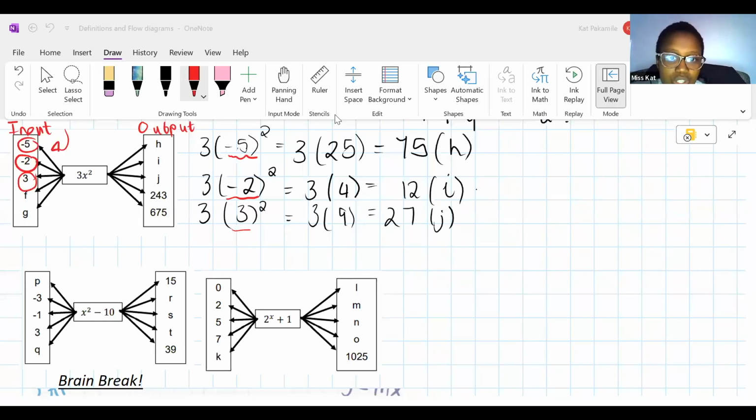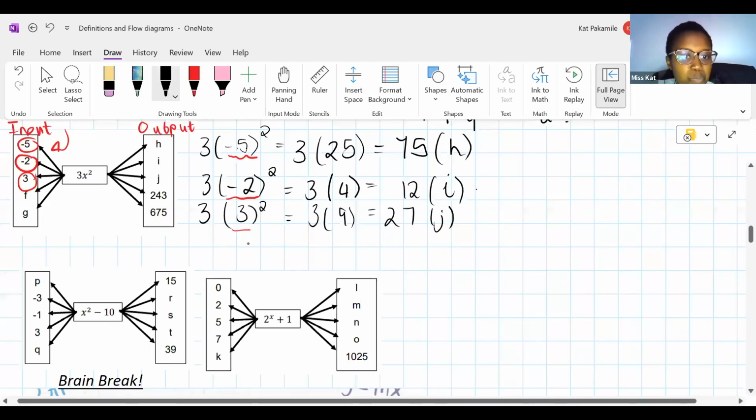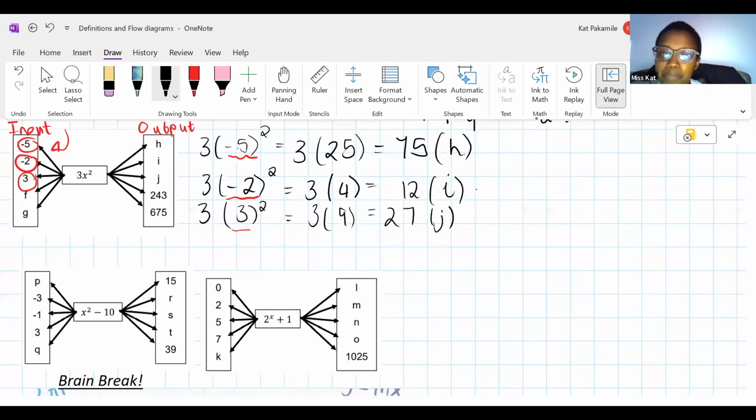Okay, Eddie has a question. Let's hear. Yes, Eddie. Okay, ma'am, I know you have to do inverse to get to F and G, but I don't seem to be figuring it out. Okay, Eddie. Remember, this would be written as y equals 3x squared, right?